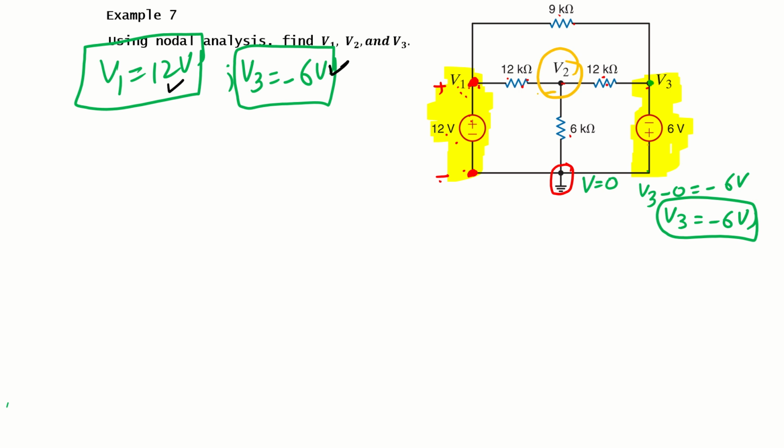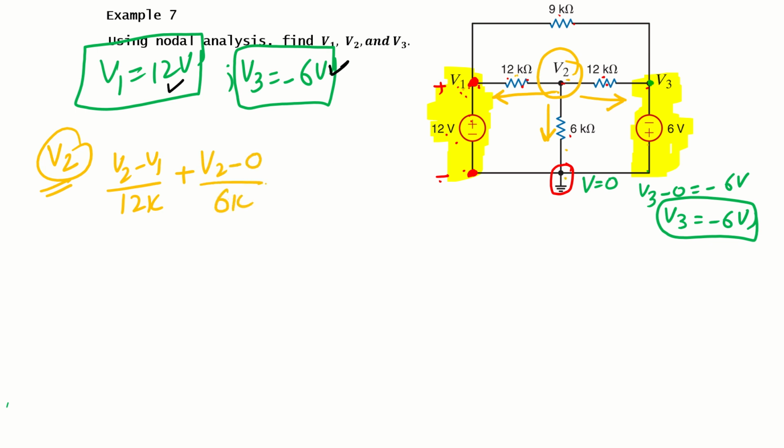We assume that all currents are leaving. So this current is leaving through 12 kilo ohm, 6 kilo ohm and 12 kilo ohm. Let's write the equation here. What is the current through 12 kilo ohm for the V2 node? V2 minus V1 divided by 12 kilo, that will be the current through the 12 kilo ohm. Then through 6 kilo, V2 minus, what is the second node here? 0, ground, 6K.